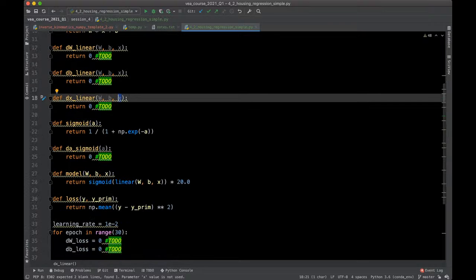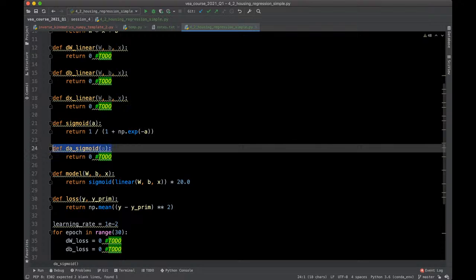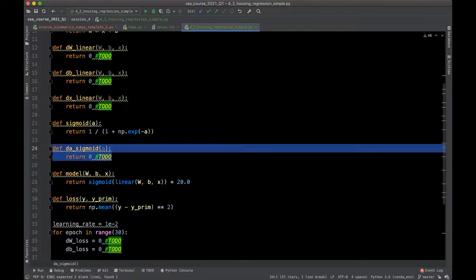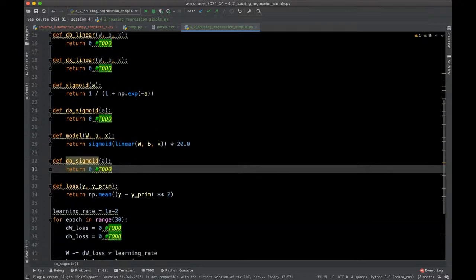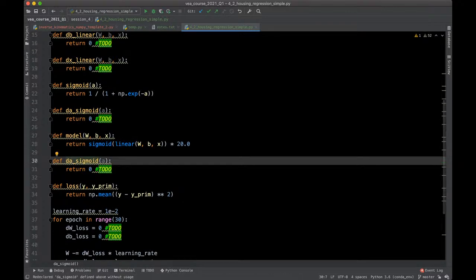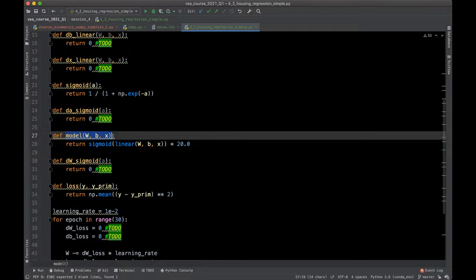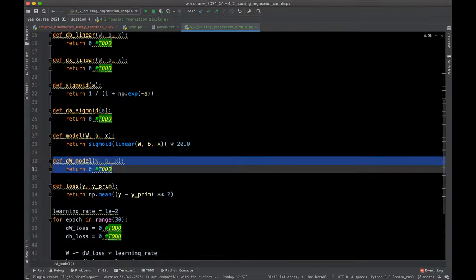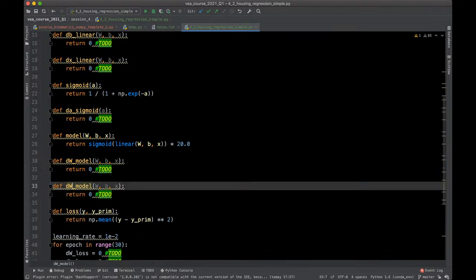So you have this thing as well. You need that function, and this is the derivative with regards to a. Then you need again the derivative with regards to the model weight. Okay, model we can also write down like that. You need to do also the derivative with regards to the b.